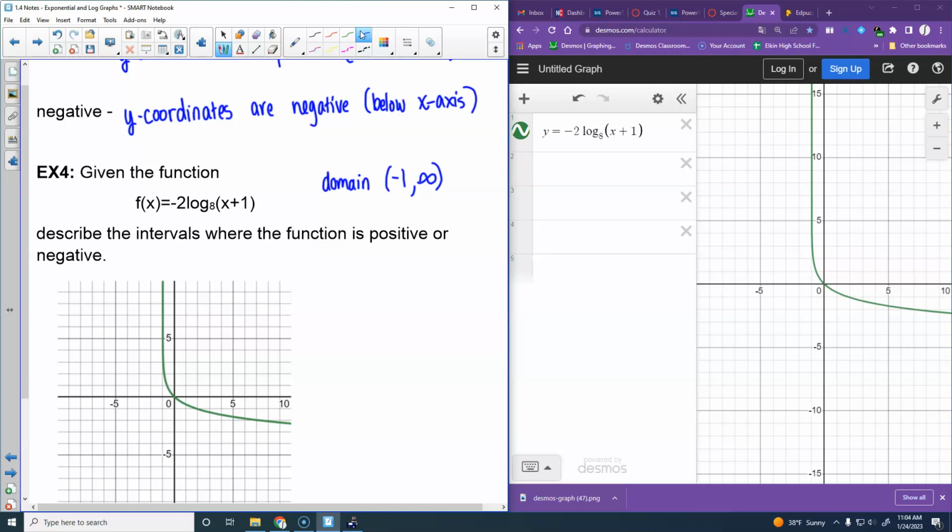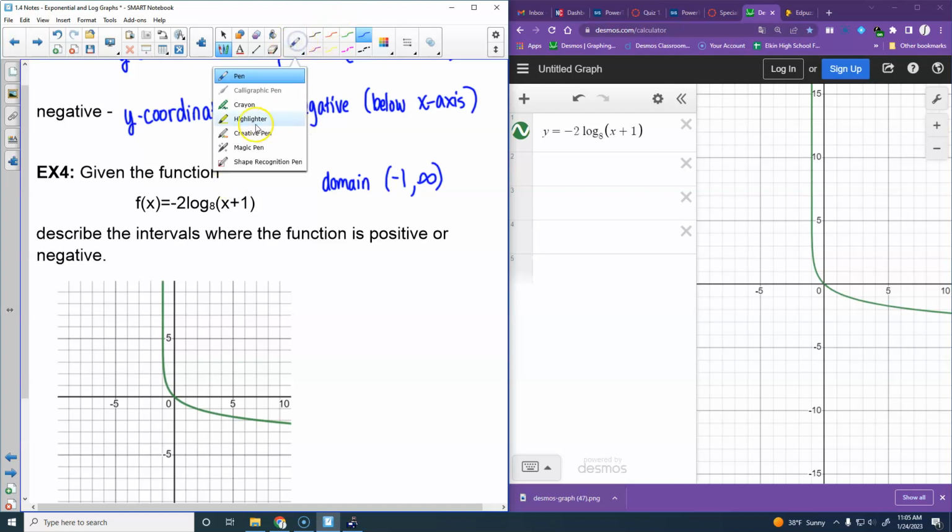Actually, logs will always switch. Logs will always switch because logs have vertical asymptotes. So they are going to go up forever and down forever. So they will eventually cross the x-axis somewhere. If it doesn't show up here, it's somewhere it happens. Exponentials may be all above or all below the x-axis.